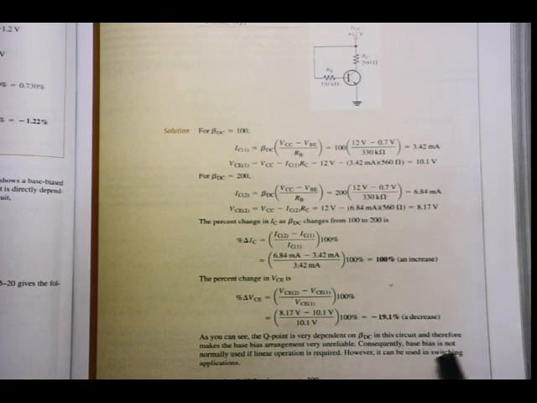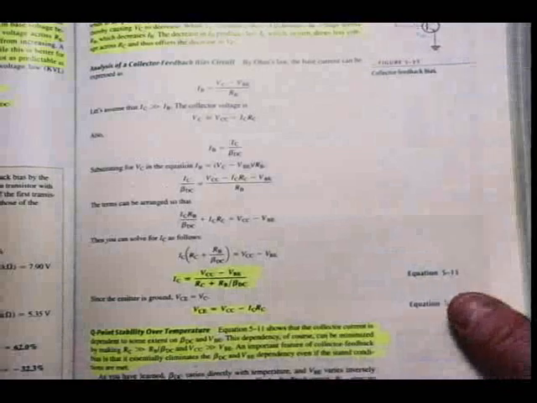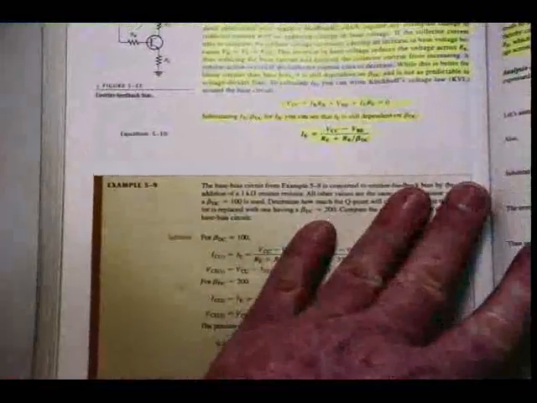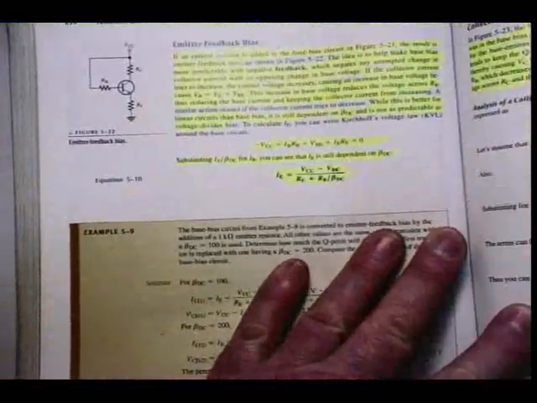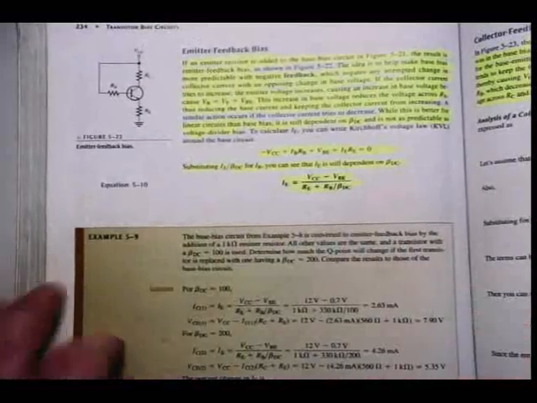So consequently, base bias is not normally used in linear operations. It can be used in switching applications though. Alright, that's the base biasing circuit. You have to be able to distinguish between them and know the formulas for each one of those.